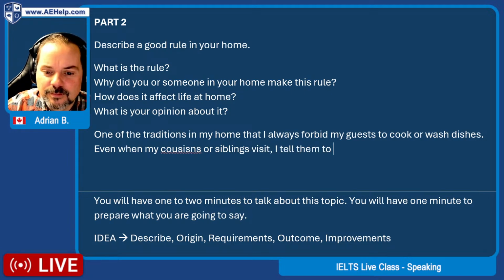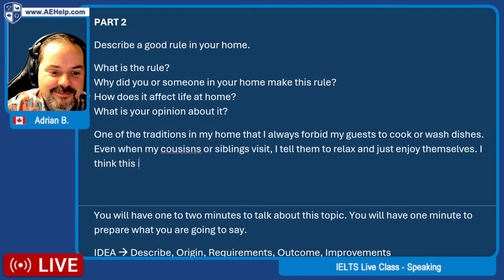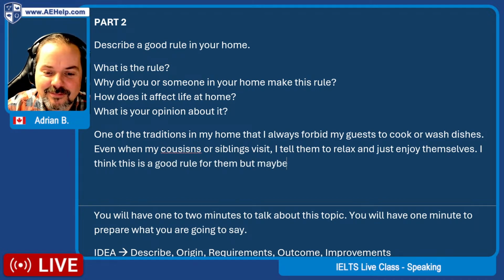So they should be relaxed, just enjoy a good meal. I think it's a good rule for them, first of all. Not so good for me, but everybody knows it and keeps it, enjoys it, let's say this way.